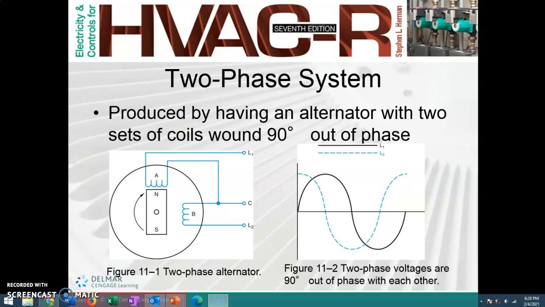So, with a split phase motor, like I said before, it is single phase. So you're probably wondering why there's a slide up here about two-phase. Well, two-phase power is actually produced in a lot of other parts of the world, just not in America. So here in America, with a split phase motor, we take single-phase electricity and we trick the motor into thinking it's got two phases, because the magnet will not spin with just one phase.